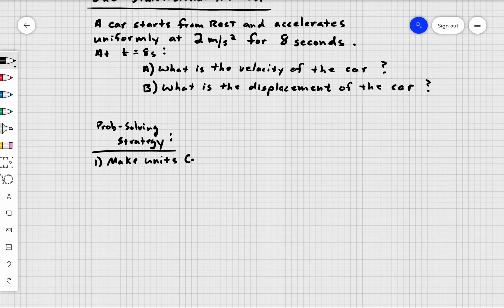And what I mean by that is you can't have velocity in miles per hour, displacement in meters, and time in seconds. None of that is consistent. Meters per second goes with meters and seconds. Miles per hour goes with miles and hours. So make your time, your velocity, and your displacement consistent. I recommend putting everything in base metric units, which in this problem they already are, so that's not an issue.